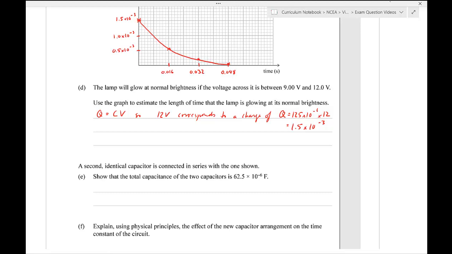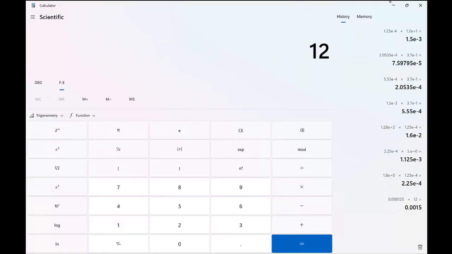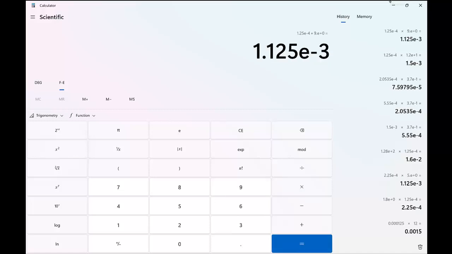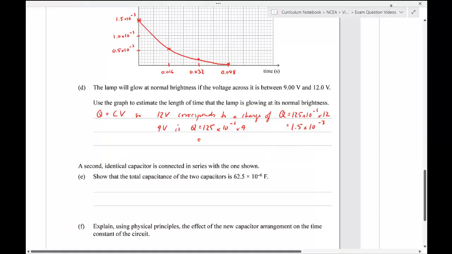We want to figure out when it gets to 9. 9 volts is Q equals 125 times 10 to the minus 6 times 9, which is 1.125 times 10 to the minus 3 coulombs.